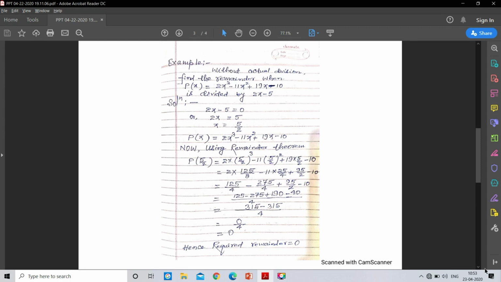Now given that p(x) is equal to 2x cube minus 11x square plus 19x minus 10.